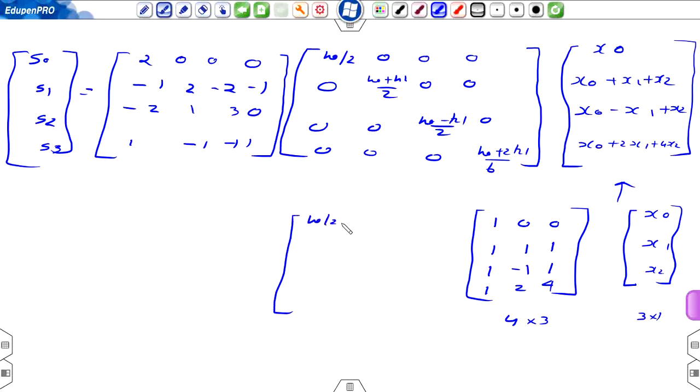It's h0 by 2 0 0 0, 0 h0 plus h1 by 2 0 0, 0 0 h0 minus h1 by 2 0, 0 0 0 h0 plus 2 h1 by 6. Okay, and we have 6 at this point.